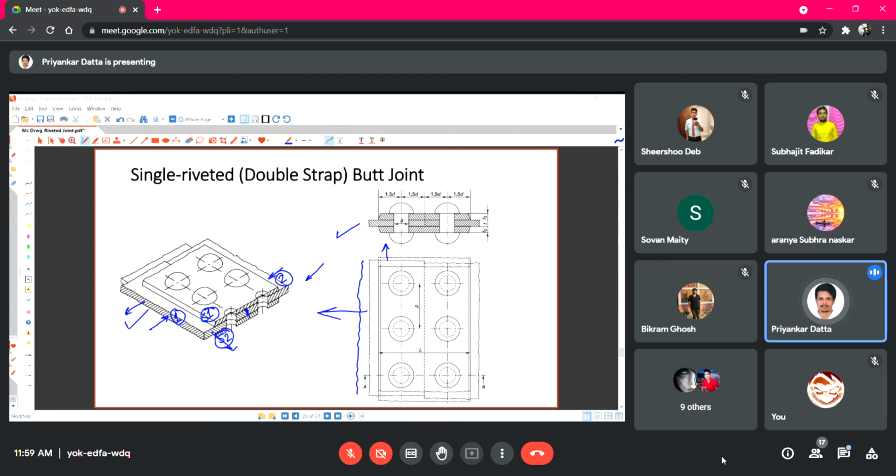It is more like practicing the drawing. Since nowadays AutoCAD or many other design software is available, drawing is much easier. So it is not required to be very complicated. Hand drawing is not required.